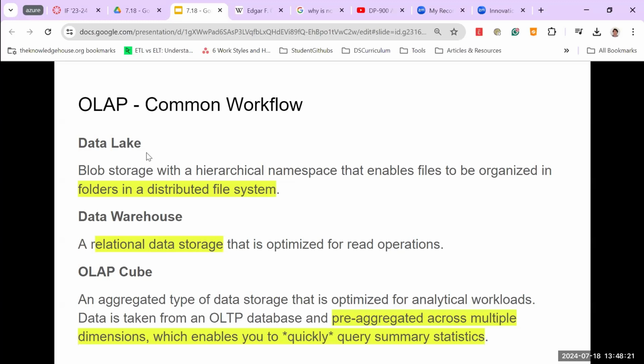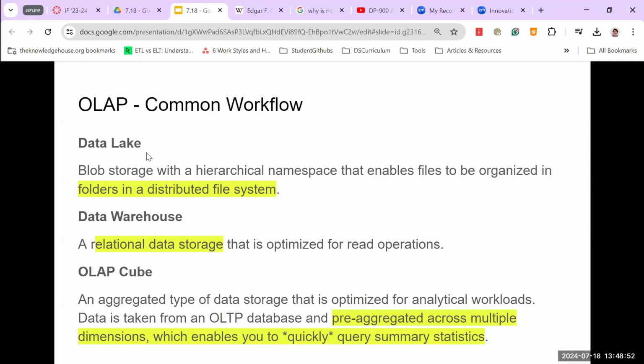Now, let's define some of the things we just talked about. A data lake in Azure is blob storage with a hierarchical namespace, where we are basically organizing files and other pieces of data in folders on a distributed file system. We'll get into more detail when we actually get onboarded into our Azure environment.